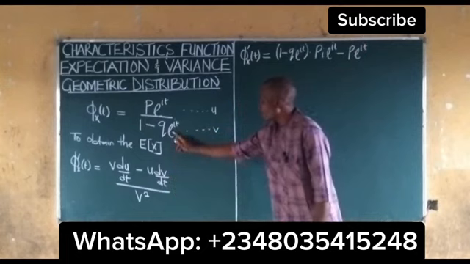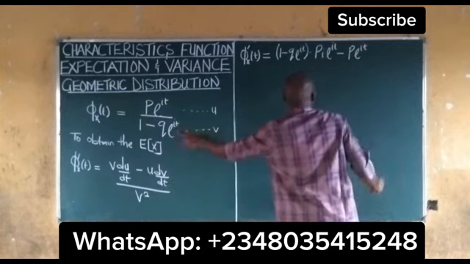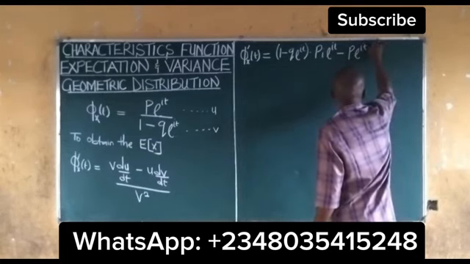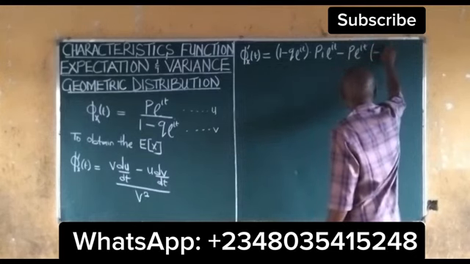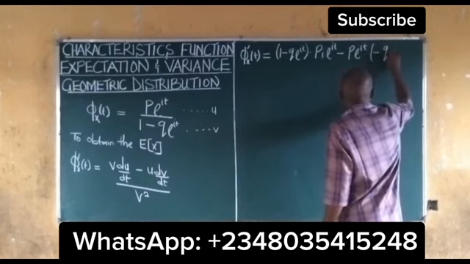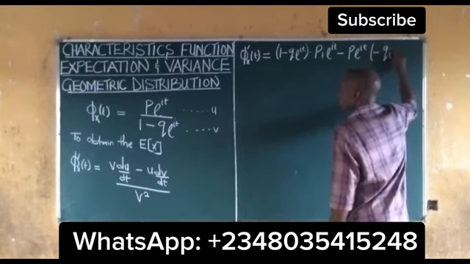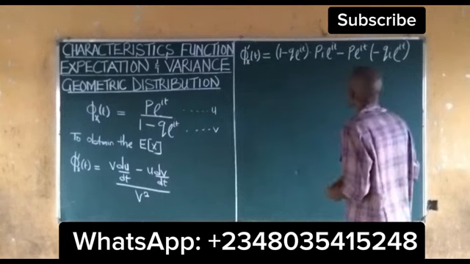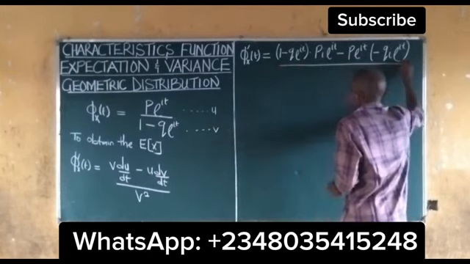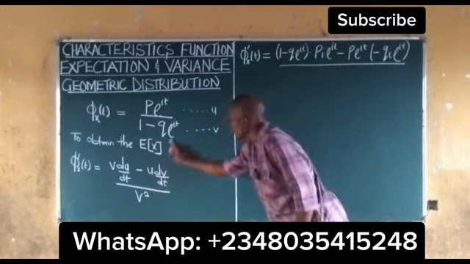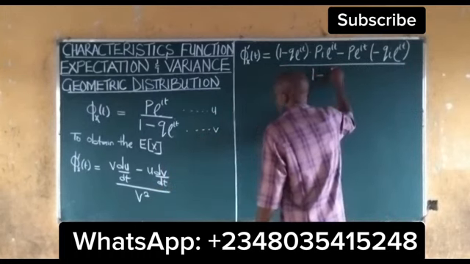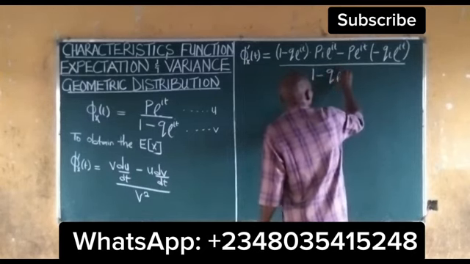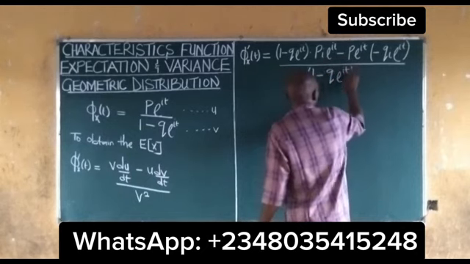We differentiate 1 minus q e^(it) with respect to t, and we get negative q i e^(it). So this is what we get, all over v squared, 1 minus q e^(it), all squared.